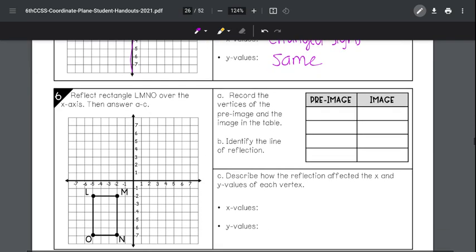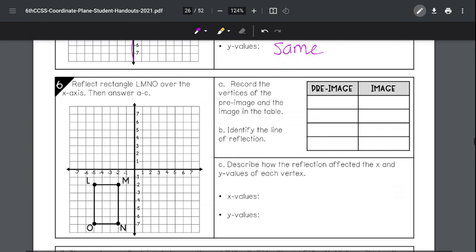Number 6, reflect rectangle LMNO over the x-axis, and then answer questions A through C. All right, so automatically, just by them saying that, my line of reflection is the x-axis. And I'm going to record points L, M, N, and O before we do anything.